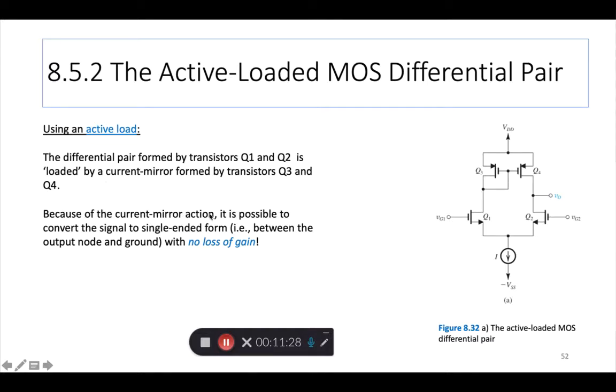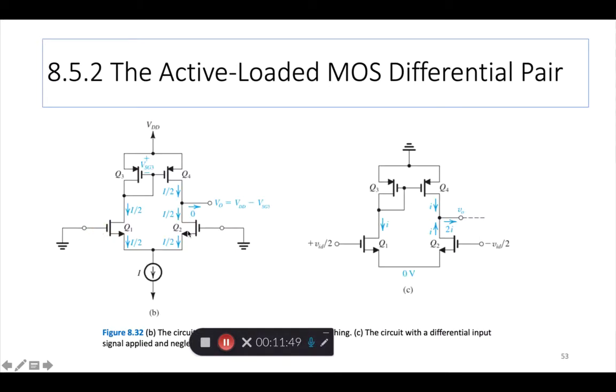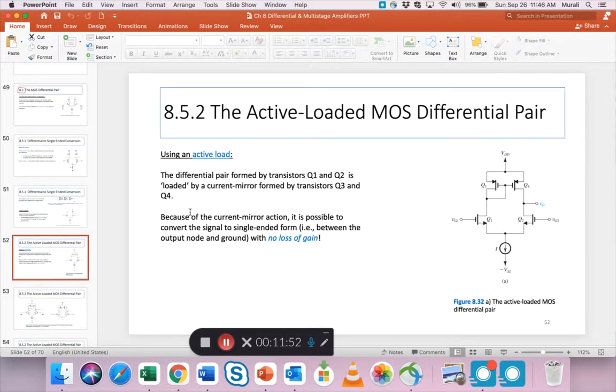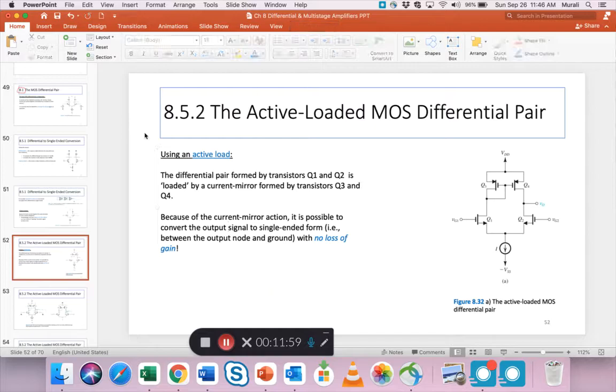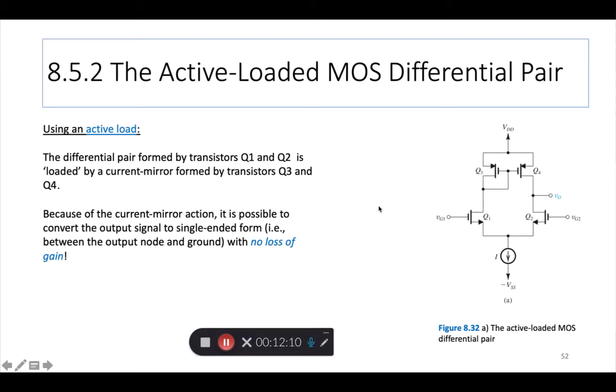Because of the current mirror action, it is possible to convert the output signal to single-ended form, that is, taking it between the output node, VO, and ground, with no loss of gain. That's the important thing to focus on.